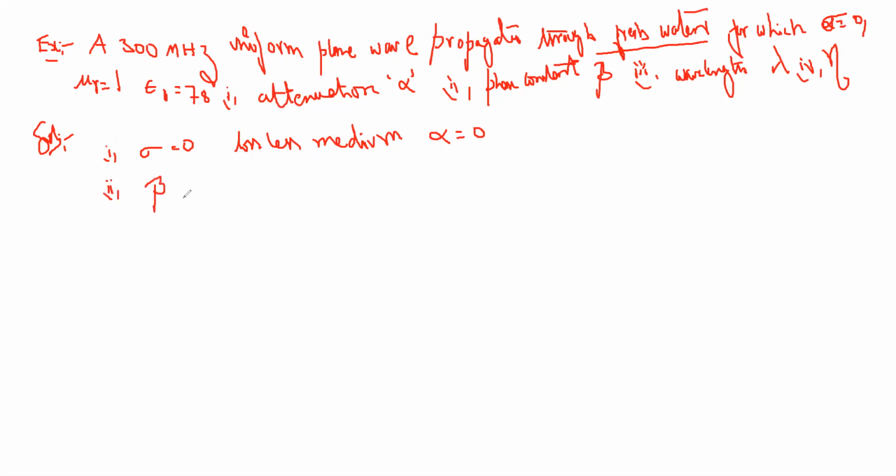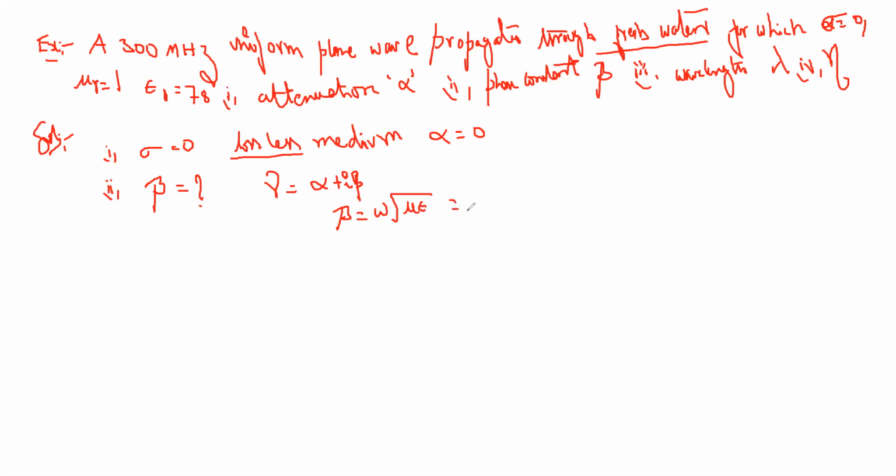And the second one, they are asking for beta, the phase constant. We know the propagation constant gamma is equal to alpha plus j beta. In that, if it is a lossless medium, alpha is equal to 0, then beta is equal to omega root mu epsilon.